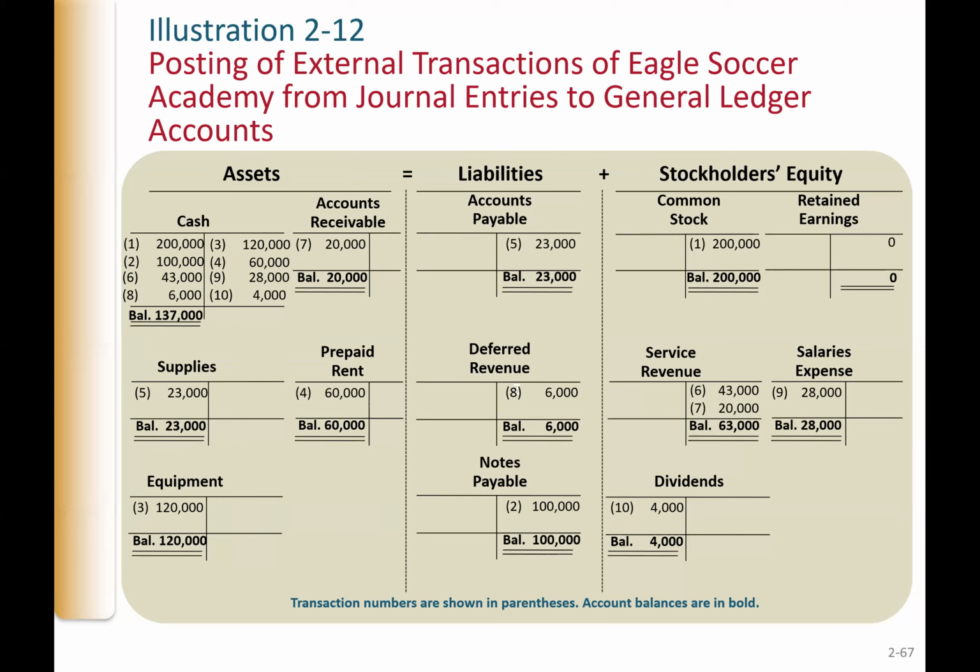But we know our retained earnings, what gets added at the end of the period is the net income. Therefore, we know our service revenue gets added to retained earnings and our expenses get subtracted from retained earnings. And dividends also are reduced or subtracted from retained earnings.